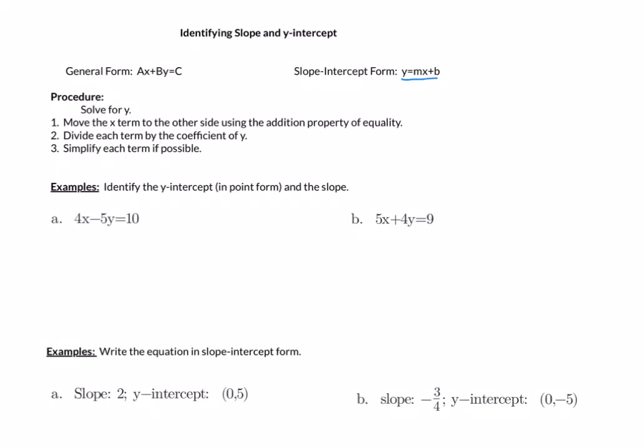Another form of linear equations that we're going to see is general form, which is ax plus by equals c. If it's in general form, you can't identify slope and intercept without doing some work. So we want to start off with general form and talk about how we identify slope and intercept. The procedure is we need to get it into slope-intercept form. In order to do this, we want to solve for y. So this is another one, solve for the indicated variable.